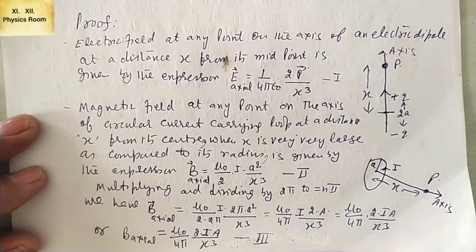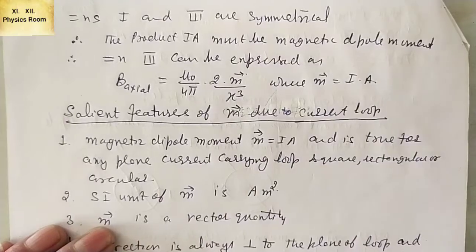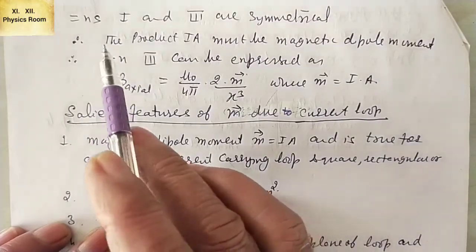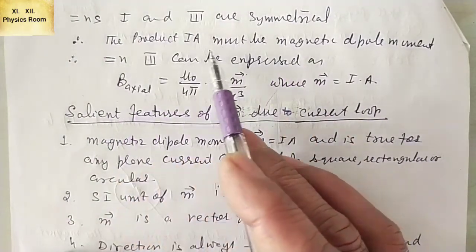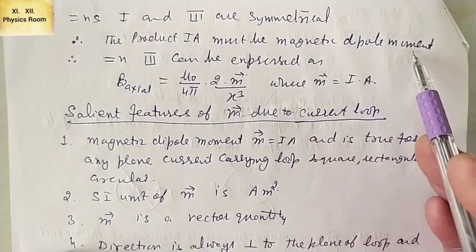Since equations 1 and 3 are symmetrical, the product I A must be the magnetic dipole moment.